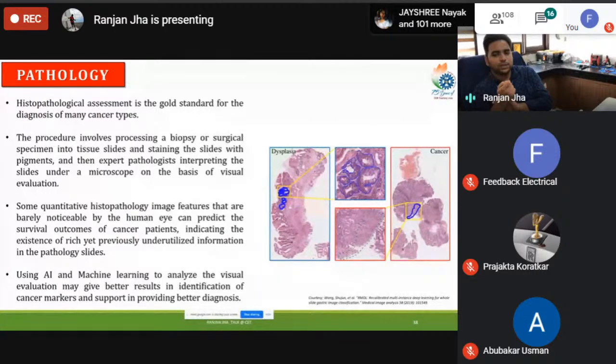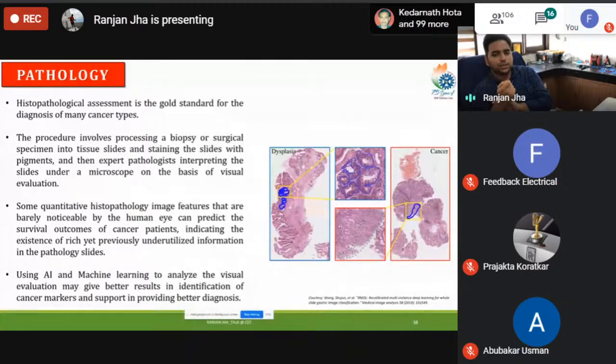The right side image is the image from the microscope. The expert sees this image and then finally concludes something. Sometimes, because it's very miniature, it needs a very expert job to identify these kinds of things.